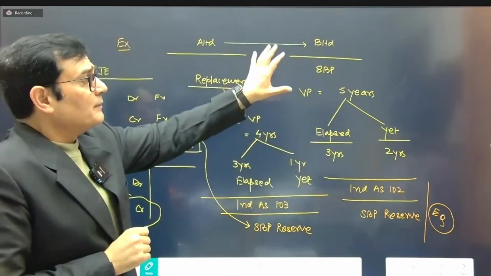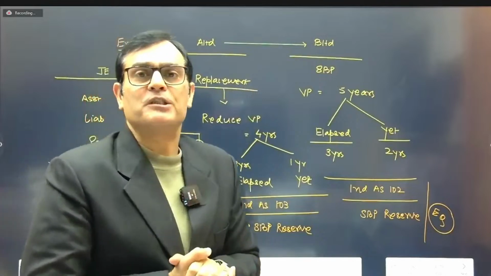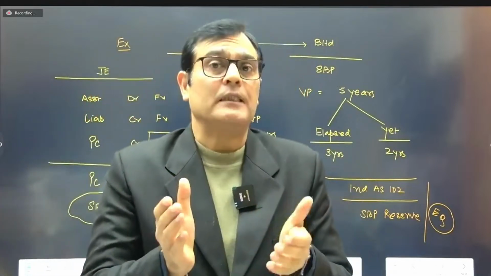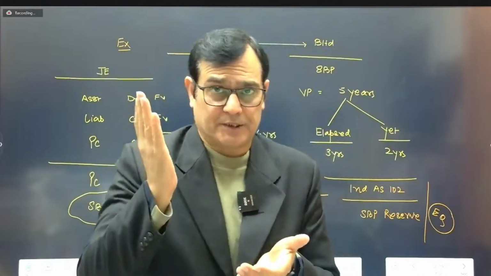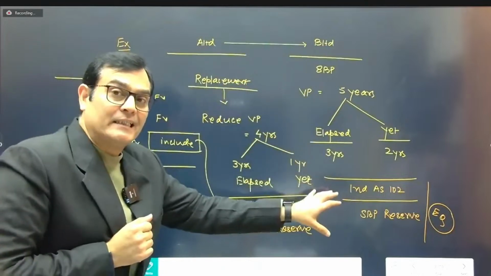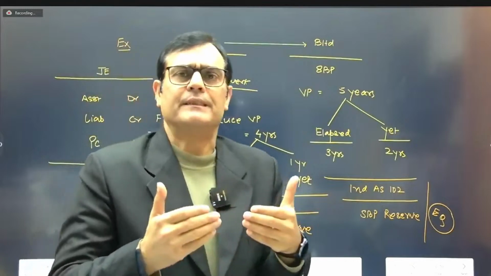Now, I'm coming to the basic facts that B had issued share-based payments to its employees with a vesting period of 5 years. 3 years have already passed and another 2 years are yet to pass. Now, B Limited would be applying the concept of Ind AS 102 and he would be passing an entry year by year.